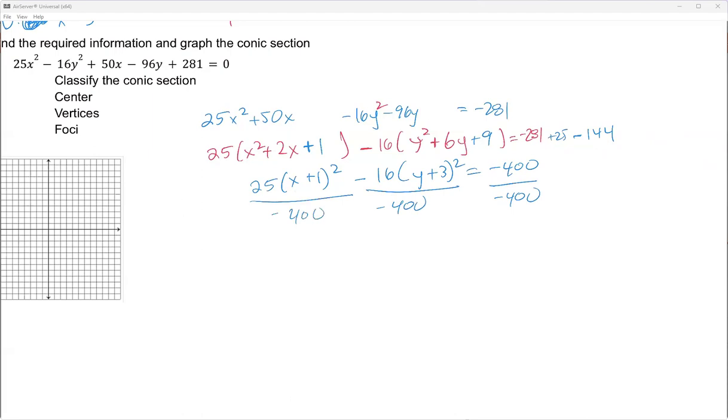Now the y is positive and the x is negative. So it becomes y plus 3 squared over the 25 minus x plus 1 squared over 16 is equal to 1.